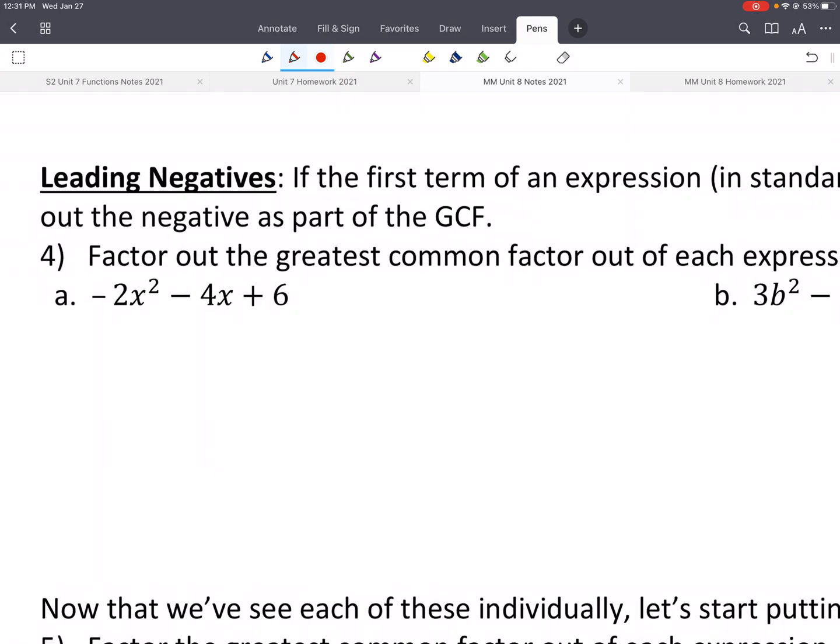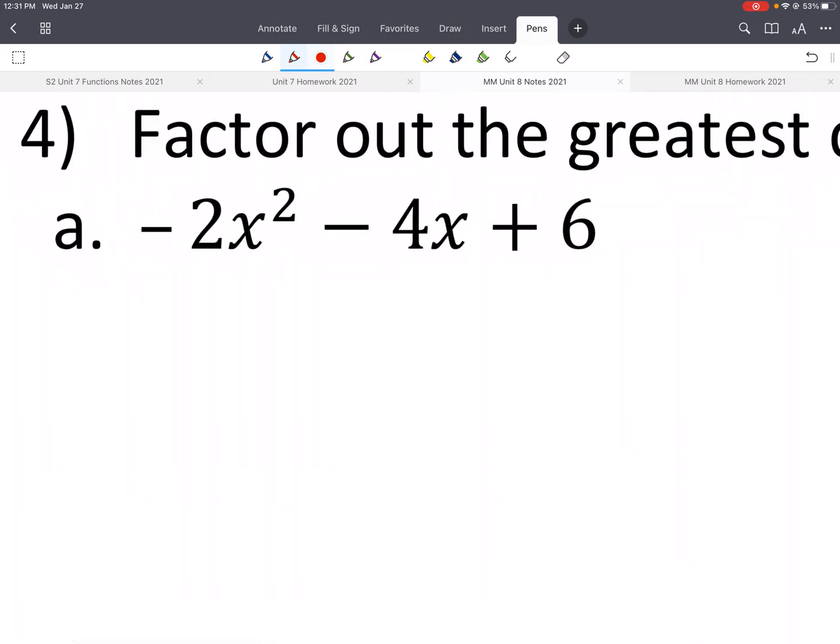If we look at this example, we have negative 2x squared minus 4x plus 6. To take out the greatest common factor, we look at the numbers. We have a 2, a 4, and a 6, which means we can take out a 2. And since our leading term is negative, we need to have that be part of our greatest common factor.